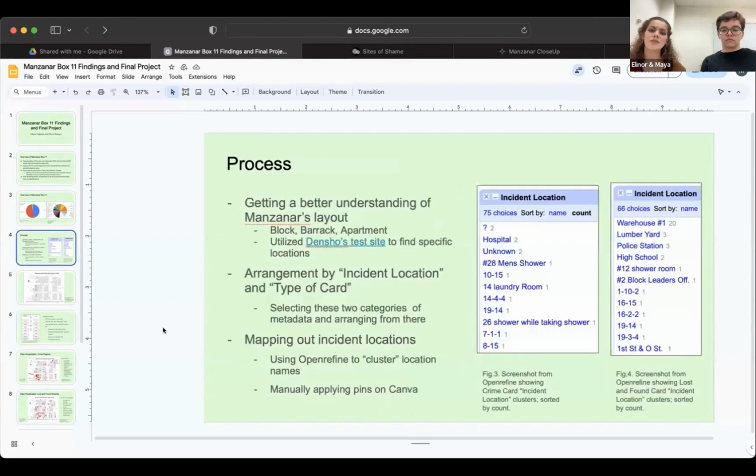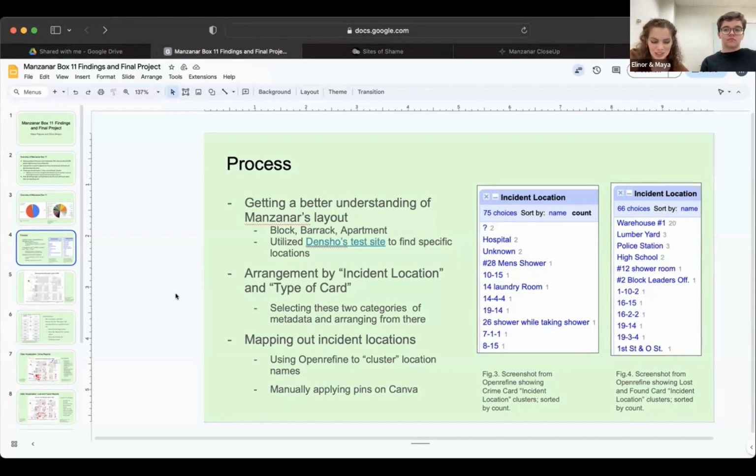In terms of the logistics of our arrangement, we decided to map things out by incident location and type of card. Those are the two metadata categories that we pulled. We counted these and clustered matching terms together using OpenRefine, very briefly, just to help us organize things and clean things up a little bit, because when we opened up our spreadsheet, it was a lot to deal with, a lot to arrange.